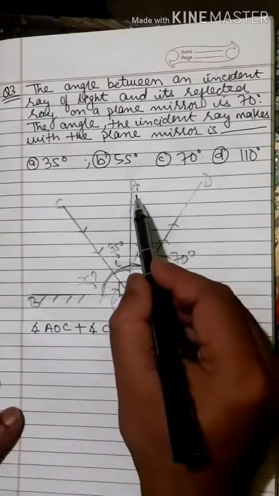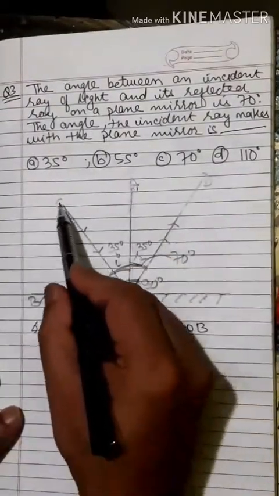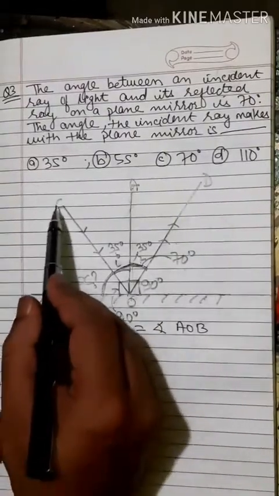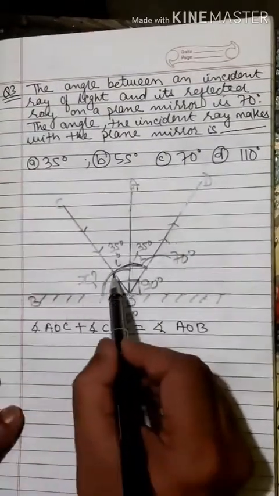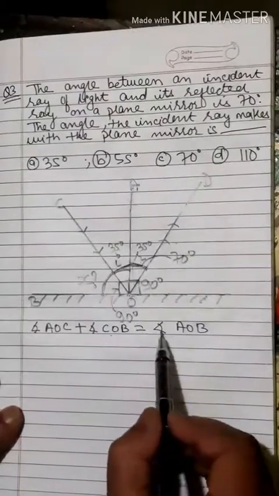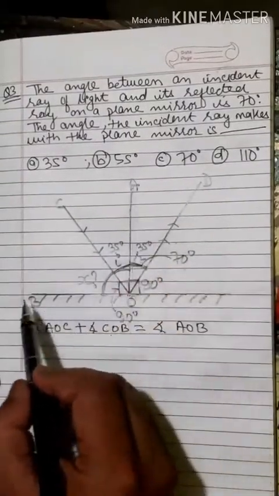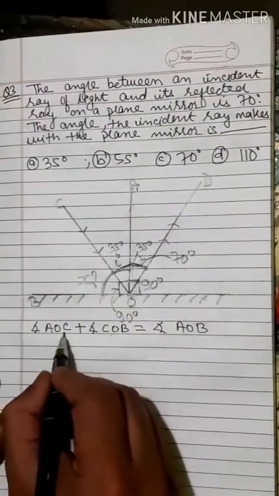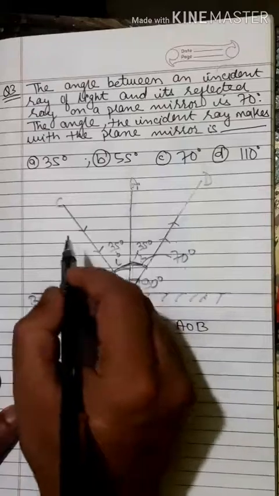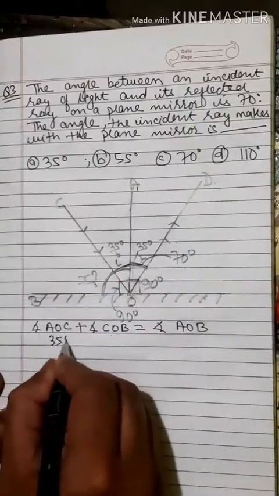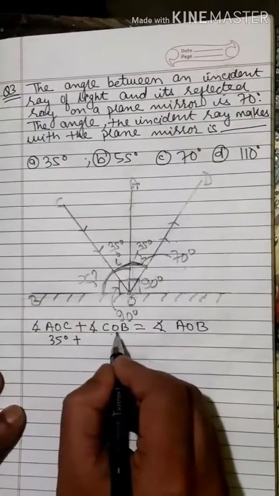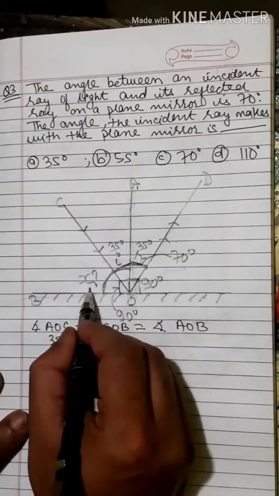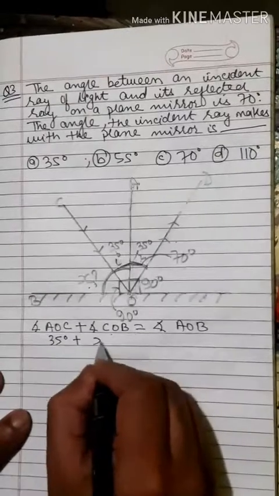Angle AOC, that means this angle, plus angle COB, plus this angle, is equal to angle AOB. That means the whole angle. So what is angle AOC from the figure? Angle AOC is 35 degree plus what is angle COB? Angle COB we don't know, it is an unknown angle, that is what we are looking for. So we have taken this as x.